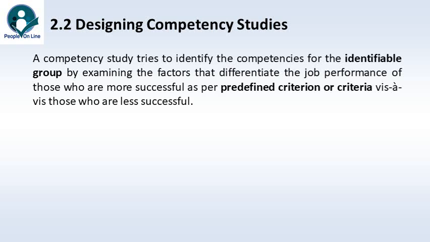The identifiable group could be salespersons, and the predefined criterion for those who are more successful could be more than 90% quota achievement for the last 2 years. And the predefined criterion for determining those who are less successful could be more than 70% but less than 90% quota achievement.